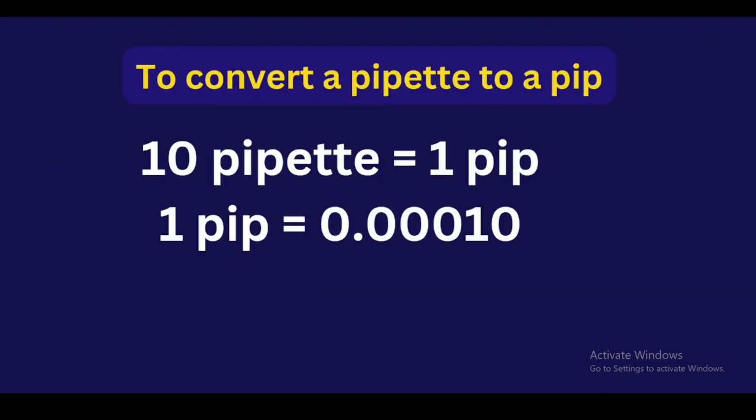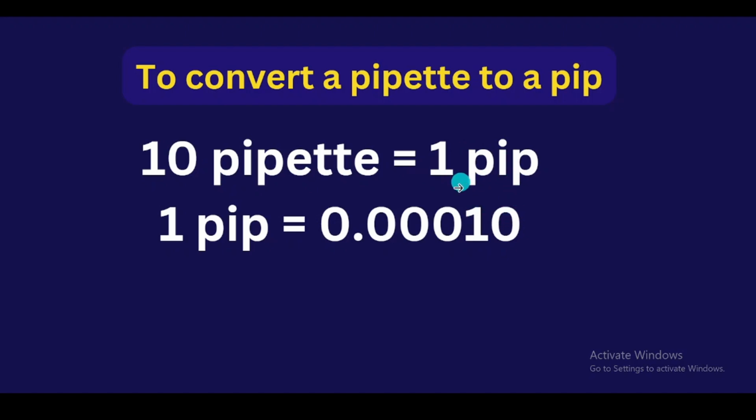Due to the fact that currency pairs are quoted in 5 decimal places, it tends to be difficult for us to calculate our pips accurately. So now this is what we are going to do. We are going to convert pipettes to a pip. 10 pipettes is equal to 1 pip, just like 60 seconds make 1 minute. Okay, 10 pipettes is equal to 1 pip.